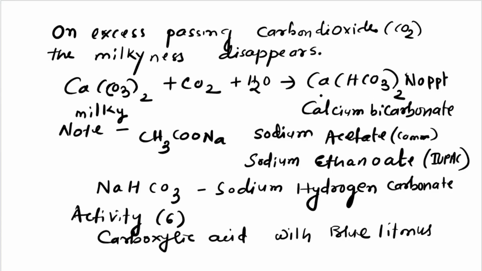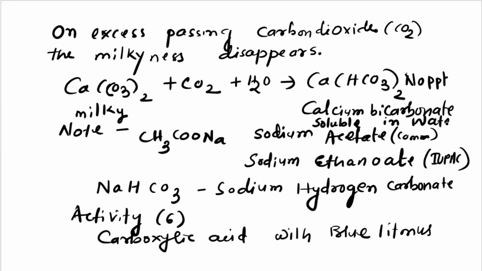It is your choice, calcium hydrogen carbonate. Here no precipitate, no milkiness. The milkiness disappears because calcium hydrogen carbonate is soluble in water. That is why there is no precipitate.